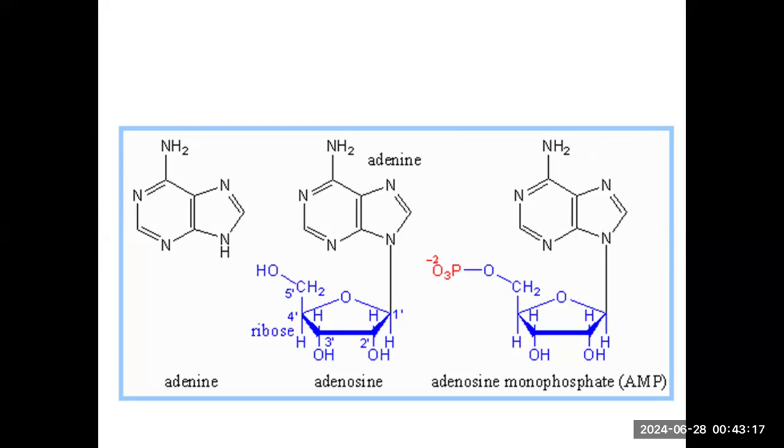You can see right here, this is the first carbon of the sugar, 1 prime, 2 prime, 3 prime, 4 prime, 5 prime. So prime means the carbon of sugar, and without prime, normally it is the carbon of the purine or pyrimidine bases.